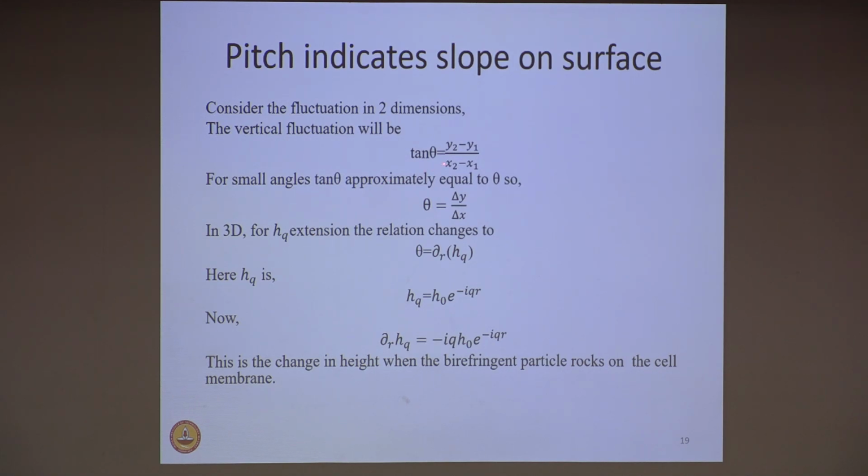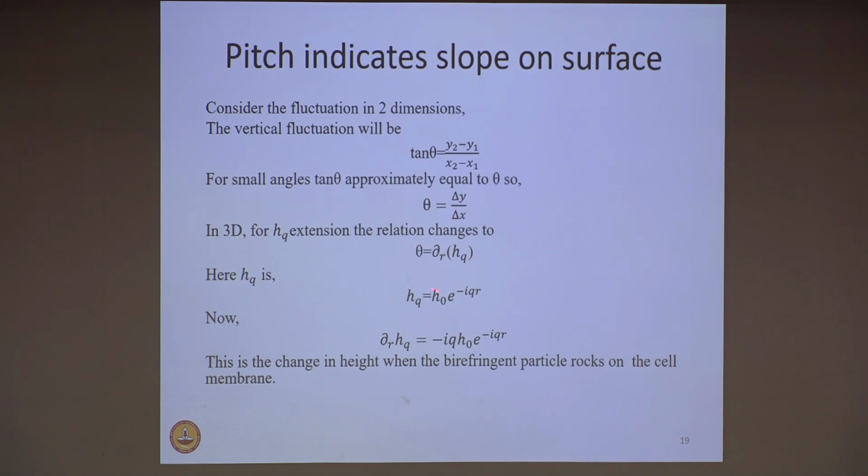So we assumed that the slope goes as tan theta equals y2 minus y1 divided by x2 minus x1. x2 minus x1 is the base area of this particle that we have landed on this thing, and y2 minus y1 are the heights of the membrane fluctuations. In the small angle approximation, because it is optically trapped and it is not going to change too much, theta is approximately delta y over delta x.